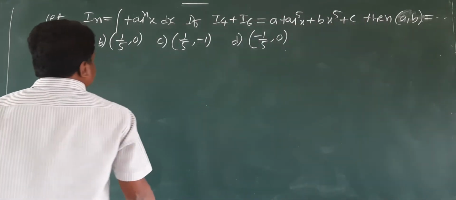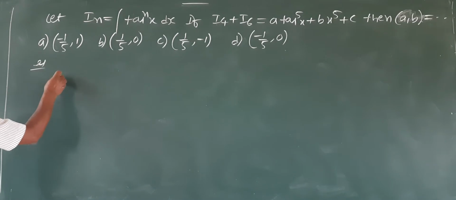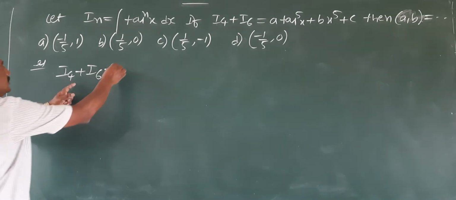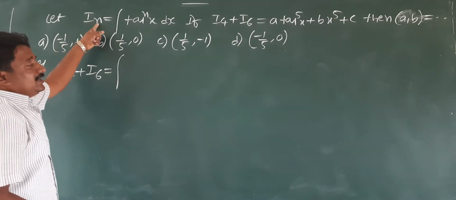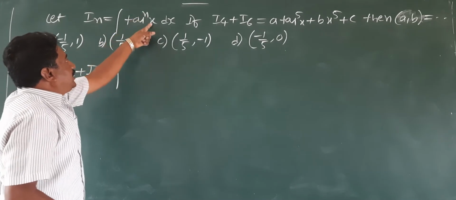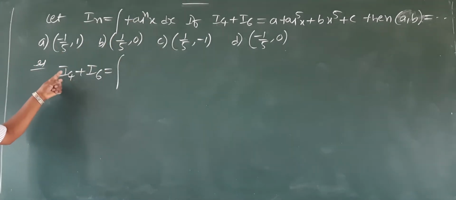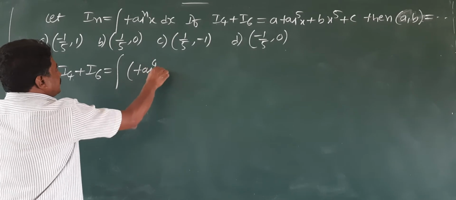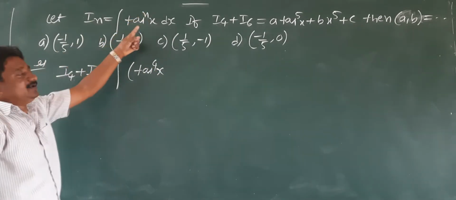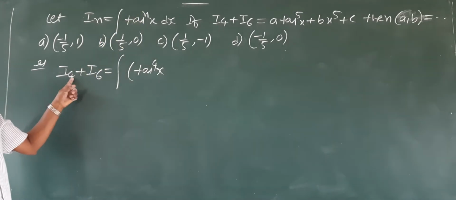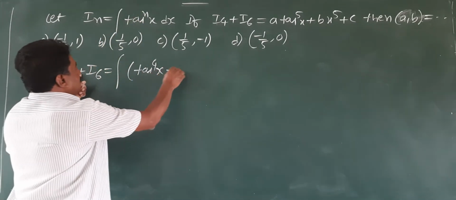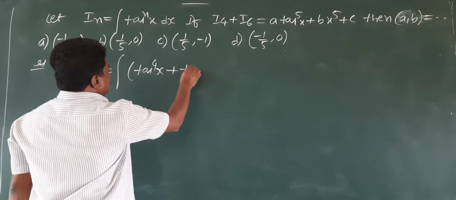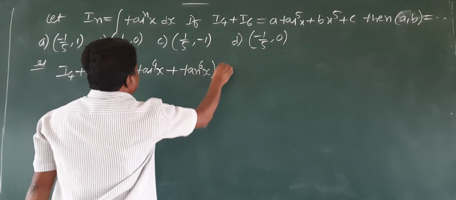Now take that solution, I4 plus I6. The integration of In is equal to tan power n x. So I4 is tan power 4x dx plus I6, tan power 6x dx.